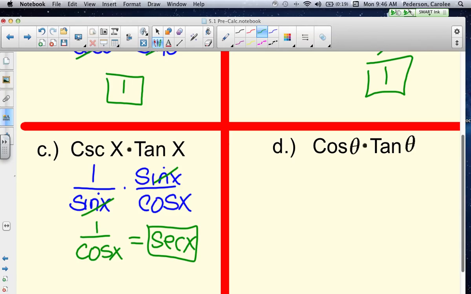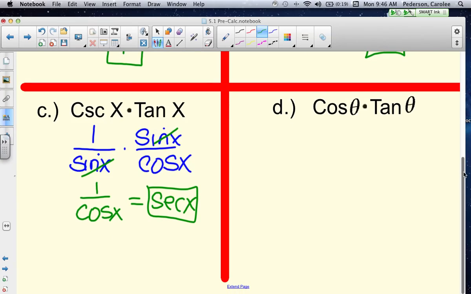Let's go over to question D. Cosine of theta times the tangent of theta. How can I rewrite one or both of those trig functions? Tangent of theta is sine over cosine.